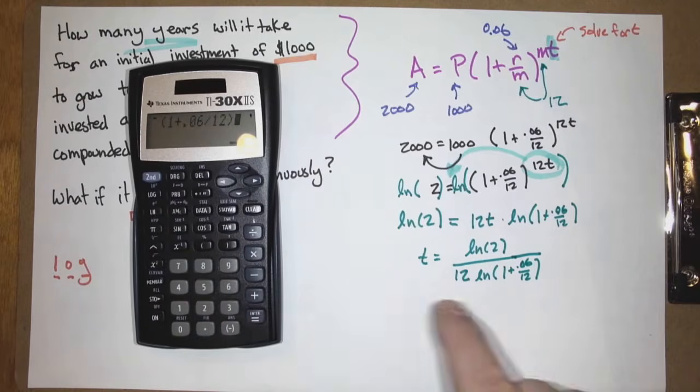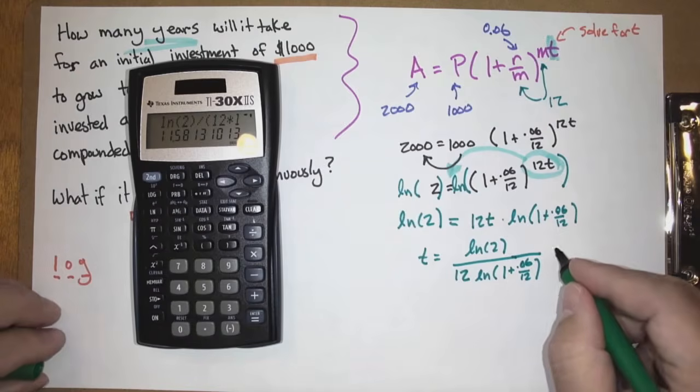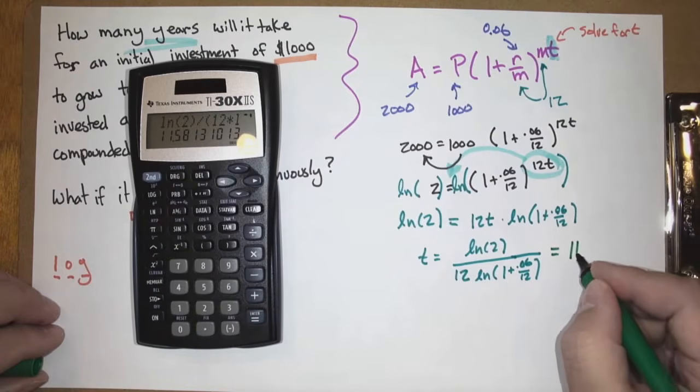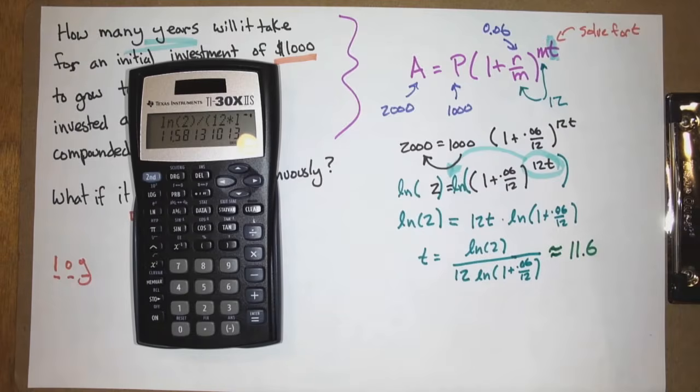I have to have a parentheses there and a parentheses for my denominator. And fingers crossed, I counted my parentheses right. And this becomes 11.58. Well, let's round it to 11.6. So a little bit more than 11 and a half years. So it'd be like 11 years, 6 months, roughly speaking.